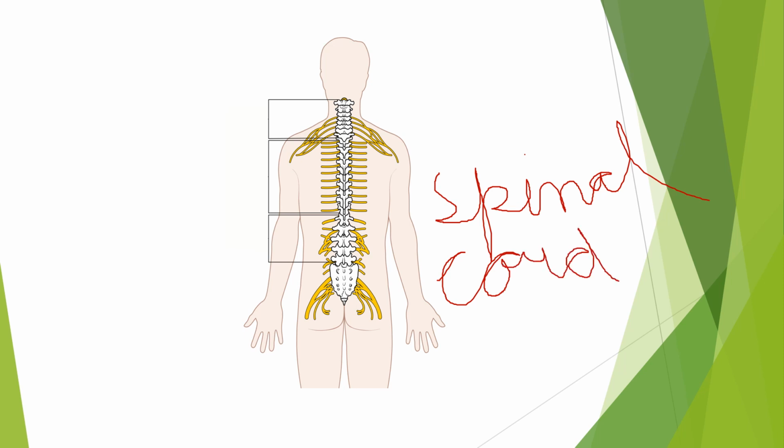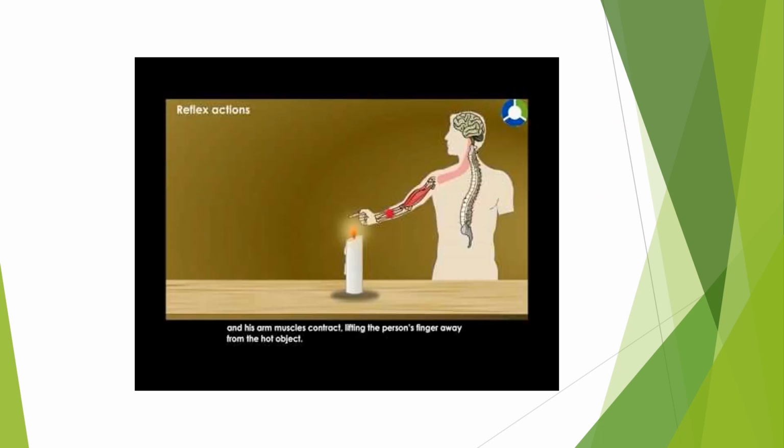It is protected by the backbone, or you can say spine. So, the spinal cord is protected by the backbone or the spine. Its main function is to control the reflex action.